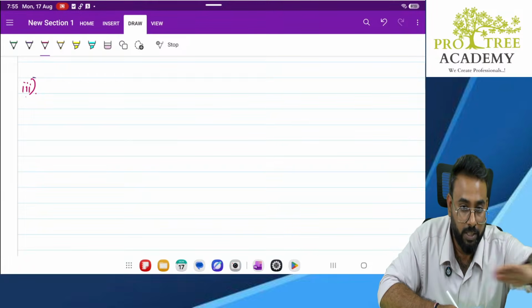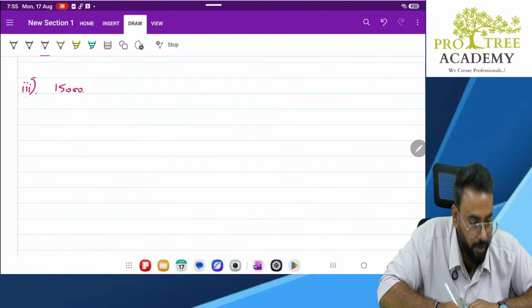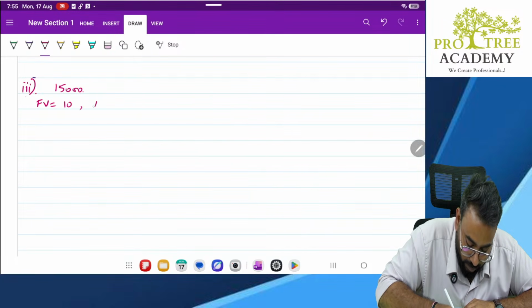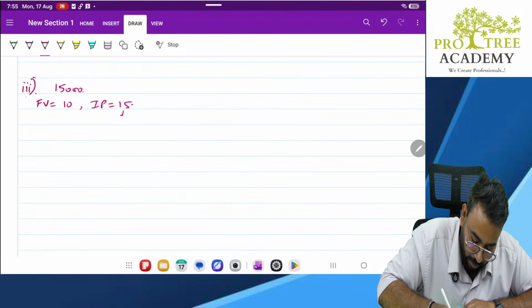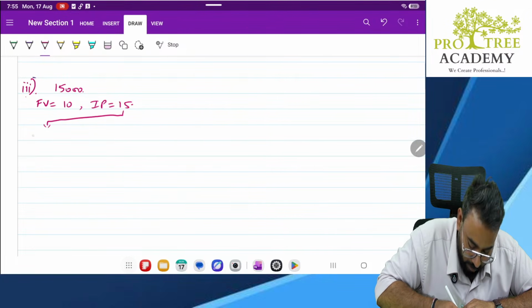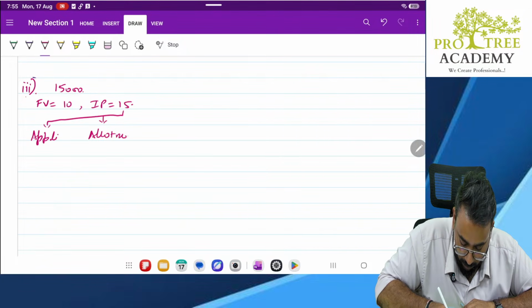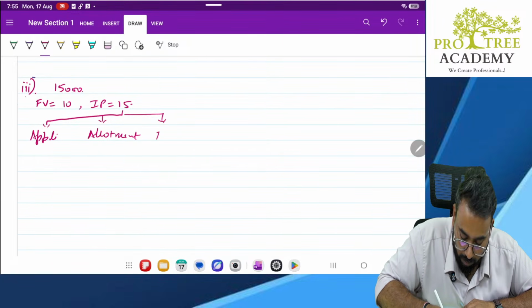First, let's see the forfeiture. How many shares? 15,000 shares. Face value 10. Issue price 15. Correct? Split: application, allotment, final.